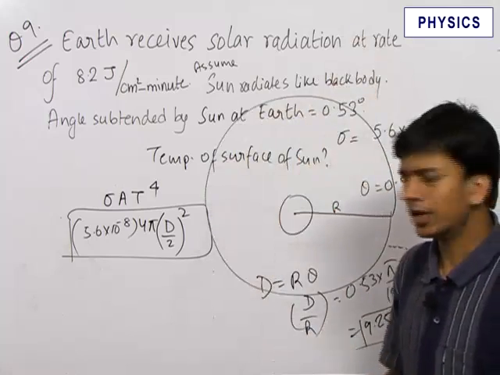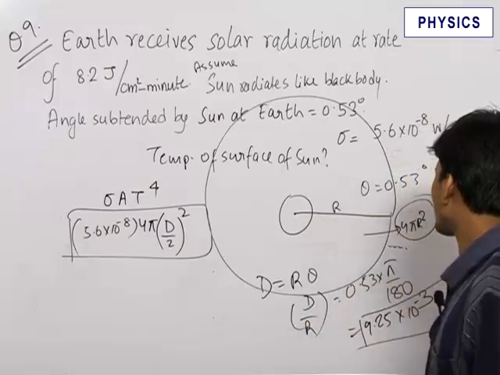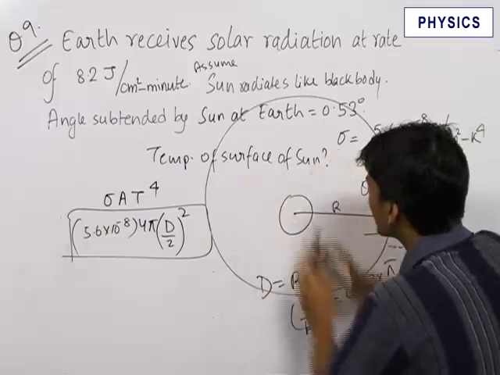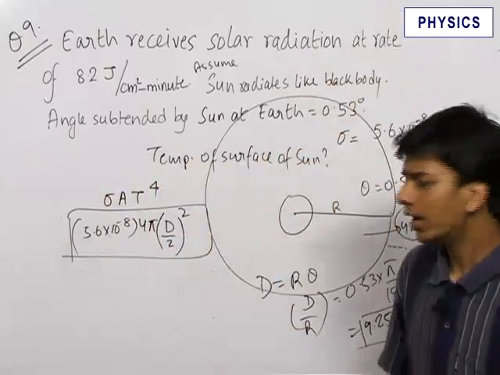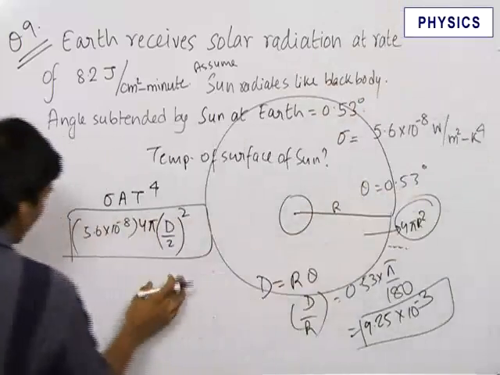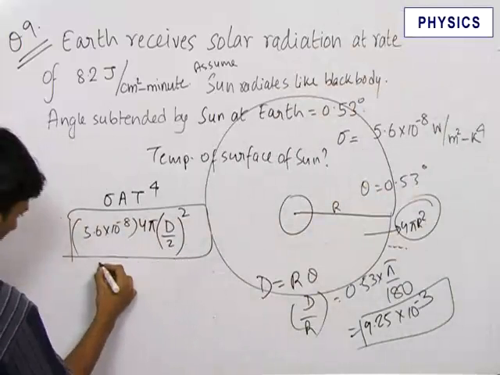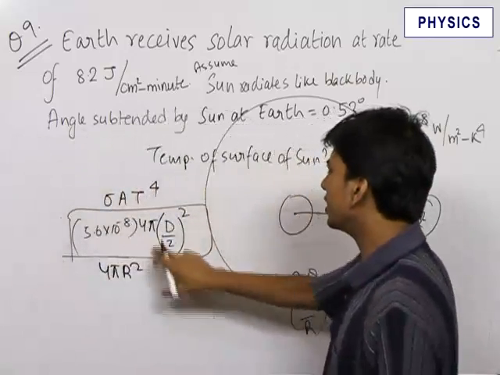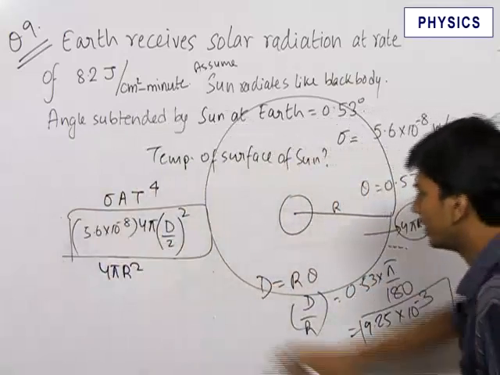The surface area of this sphere is 4 pi r square. Whatever energy is being released from the sun is getting distributed evenly throughout this surface area. Therefore the intensity at a distance r can be written to be equal to the heat radiated per unit time upon 4 pi r square. So this becomes the heat radiated per unit time per unit area, that is the intensity at this point.